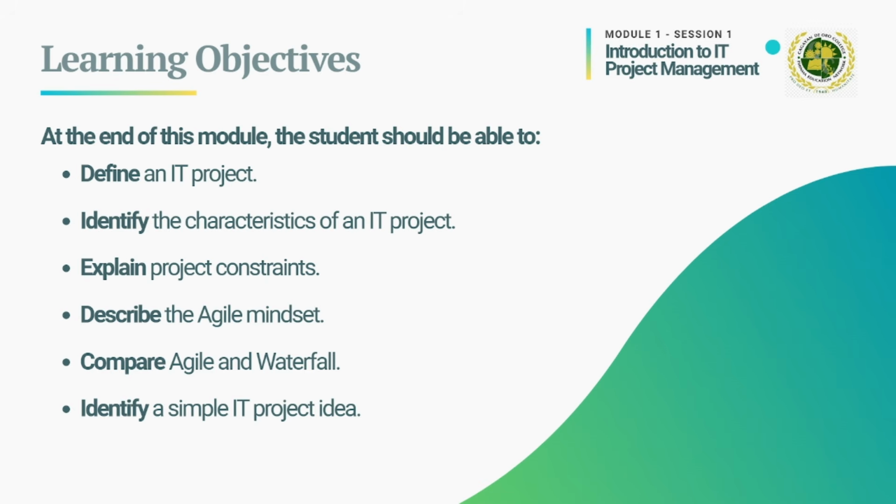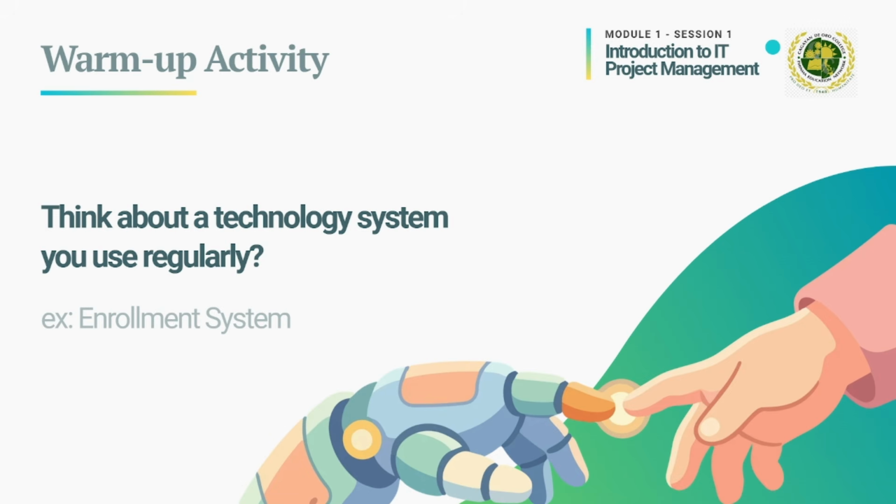Before we start, as part of our active learning process, as I discussed last week, there's going to be a question and answer portion first, or a contribution of ideas relating to this topic, just to keep our minds active. For a warm-up activity, think about a technology system you use regularly. It could be an enrollment system, for example, and there are actually a lot of systems. I'll give you 5 seconds to think of it.